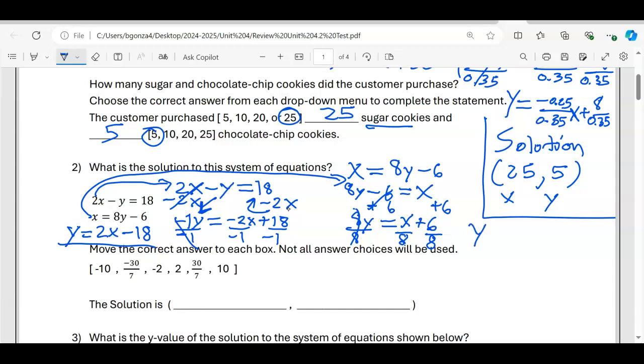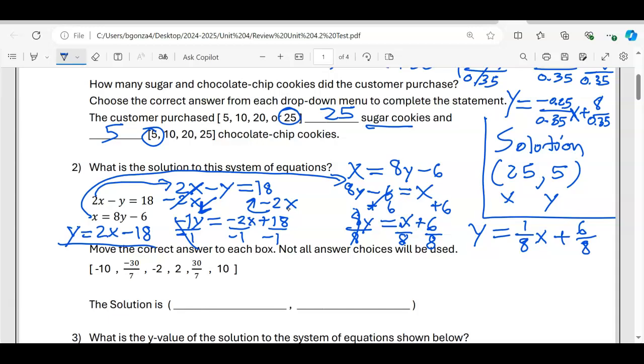Now I have y equals 1 over 8 x plus 6 over 8. Now you could reduce it, or you could just type it that way.